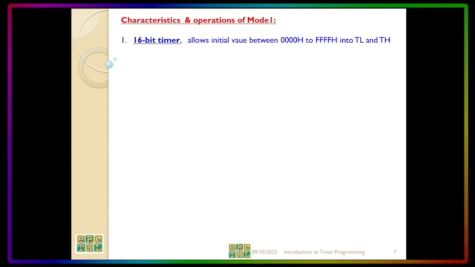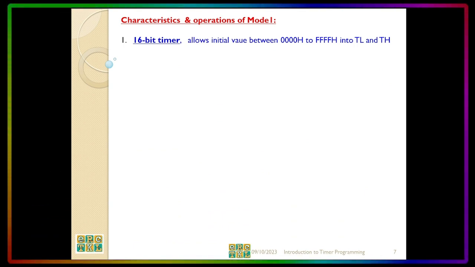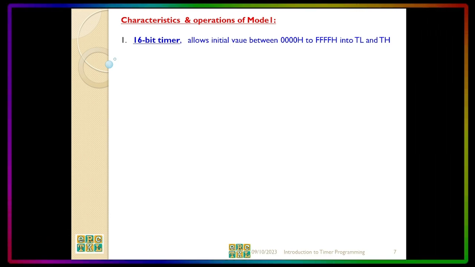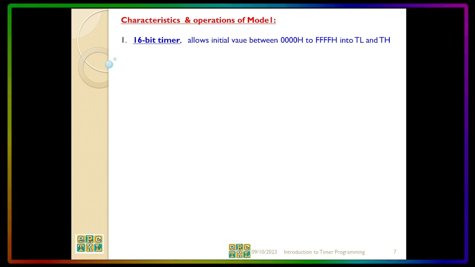Now, what are the characteristics and operations of mode 1? First, it is a 16-bit timer, and it allows an initial value between 0000 hexa to FFFF hexa. That will be loaded into our low byte TL, which can be TL0 or TL1, and TH, which can be TH0 or TH1.